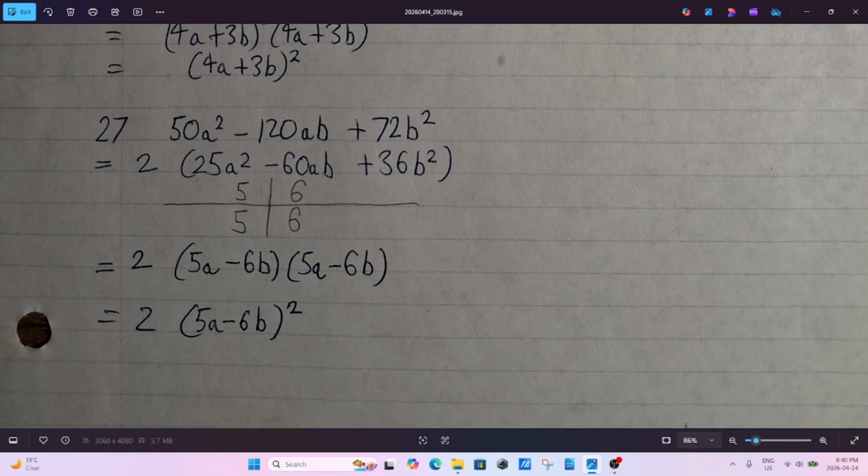And in order for it to become a negative number in the middle, it must be the case that 36 is actually negative 6 times negative 6, so that you get the negative term in the middle. So that's just equal to 2 times (5a minus 6b) times (5a minus 6b), which is 2 times (5a minus 6b) squared.